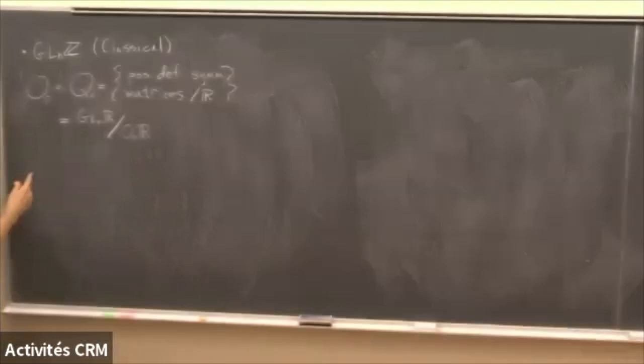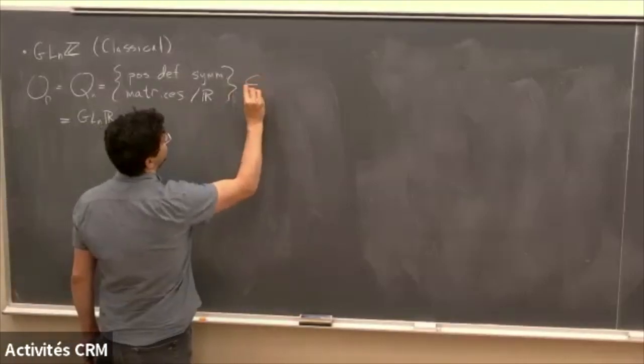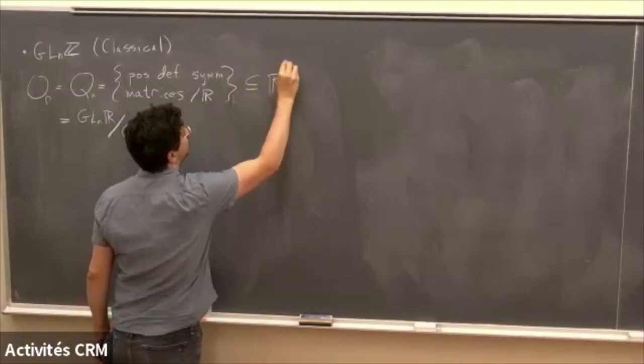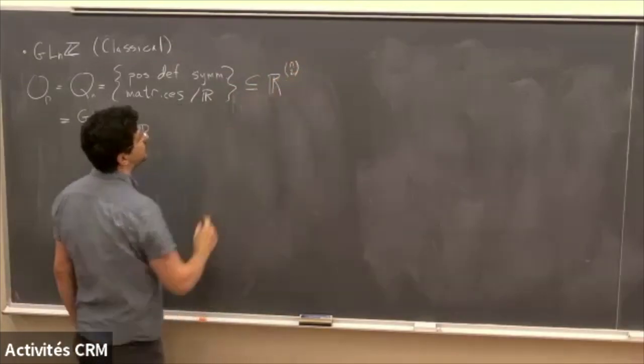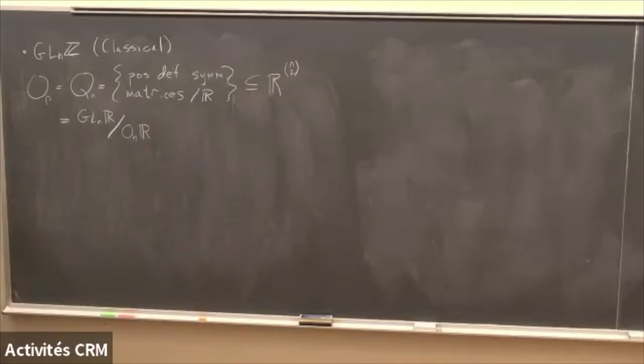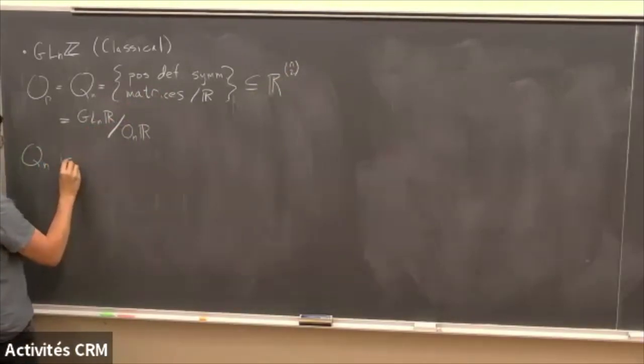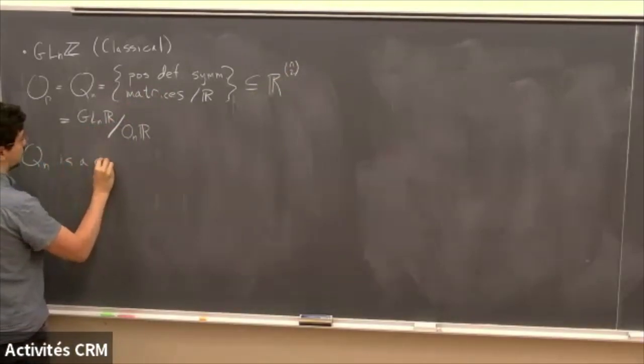And this is how Ruth described it yesterday. But this is just some subset of R to the n choose 2, because it's symmetric matrices. And it turns out that it's a cone. So you can take convex combinations of positive definite symmetric matrices and get positive definite symmetric matrices. But in particular, it's contractible.